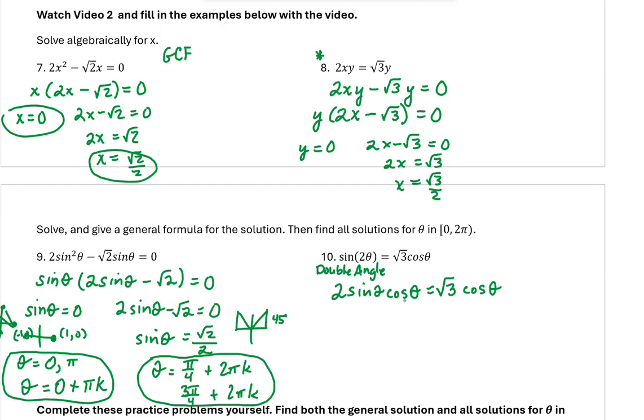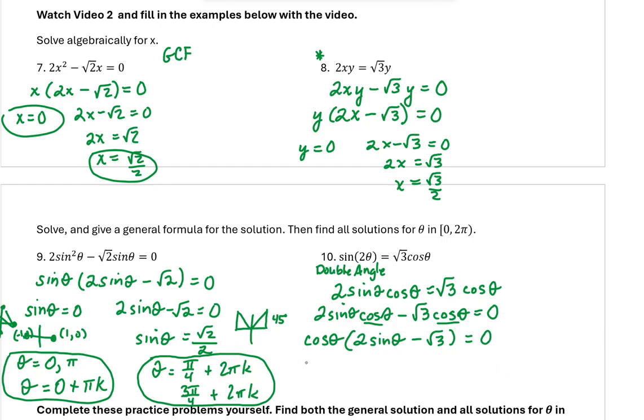So we are going to notice that there's a cosine on each side. We're going to subtract this term over. So 2 sine theta cos theta minus square root 3 cosine theta is equal to 0. Okay, our GCF are the cos thetas. So we say, okay, cos theta, parentheses, and then we are left with 2 sine theta in the first and minus square root 3 in the second term.